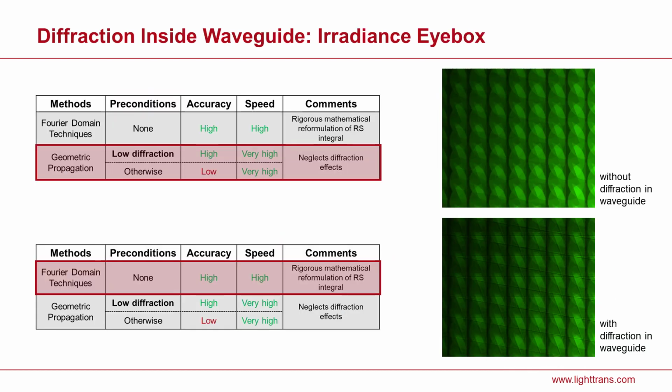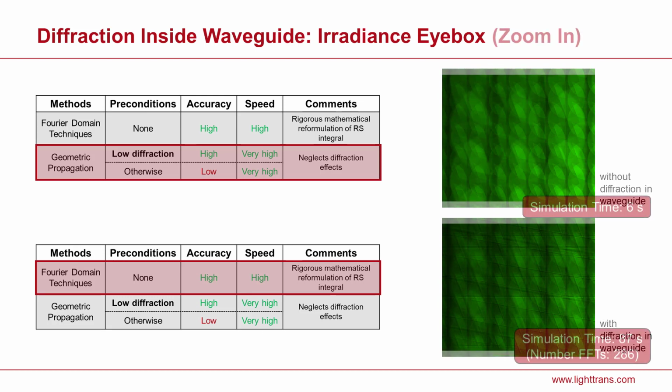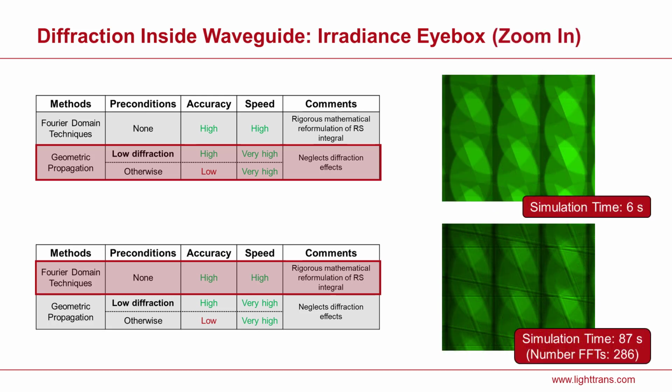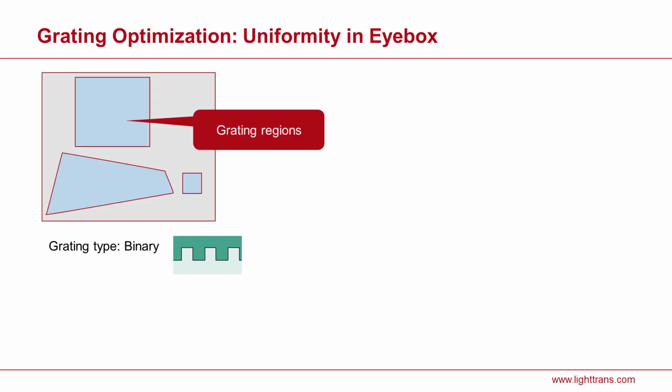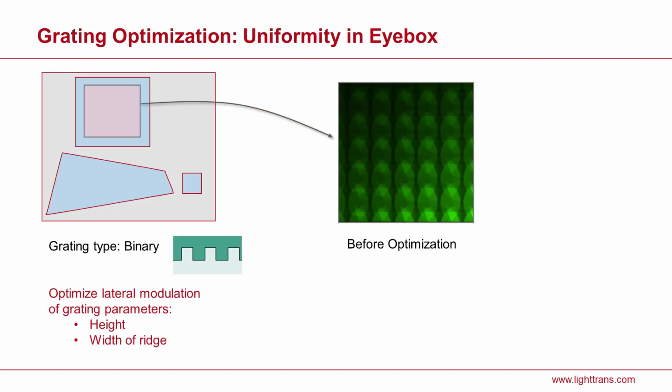First, diffraction inside the waveguide and uniformity in the eye box. We see here a comparison of the result with and without diffraction. The effect of diffraction is evident in the diffraction ripples that appear around the boundaries between regions in the footprints. But this rippling effect only slightly smears the line separating the regions when it comes to an optimization, for instance, of grating parameters like height and fill factor of a binary profile.